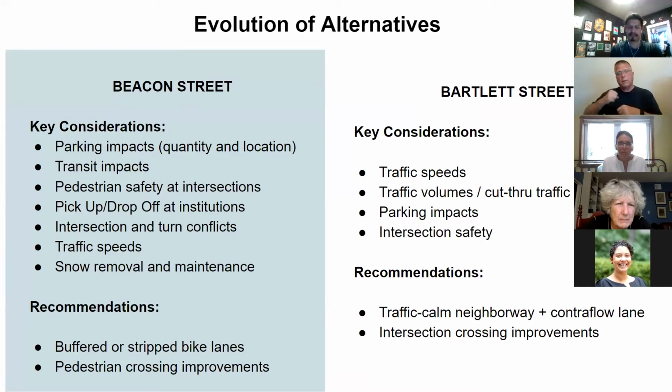So moving the parking out from the curb, putting the people on bikes nearest to the curb, a little bit of buffer between the people on bikes and the parked vehicles, then parking, and then the travel lanes in the center of the street, and fitting that in down the length of Beacon Street.